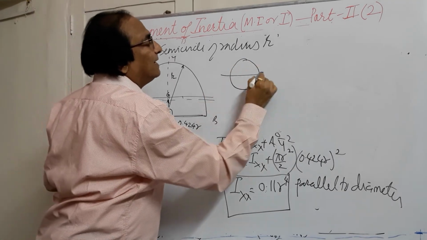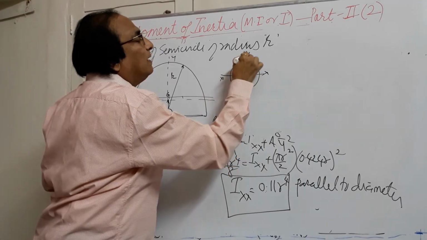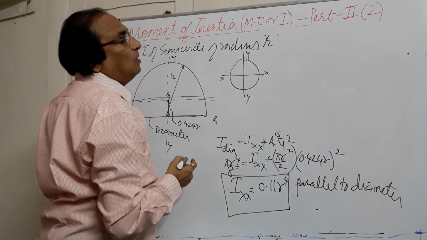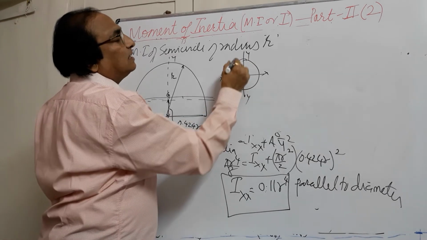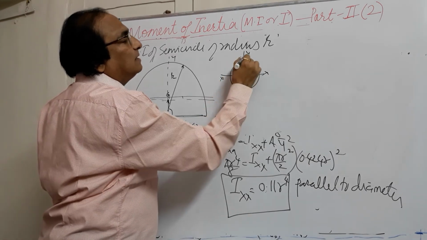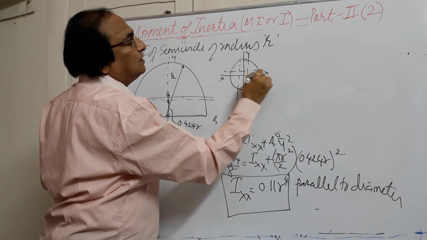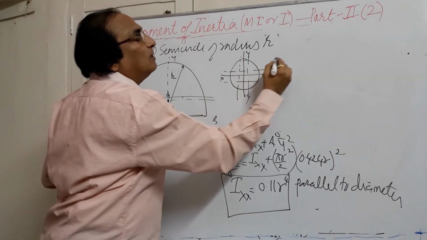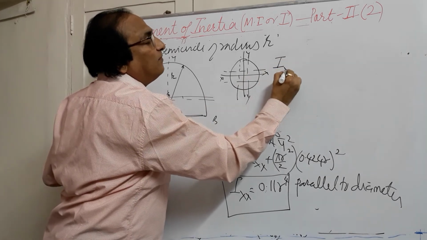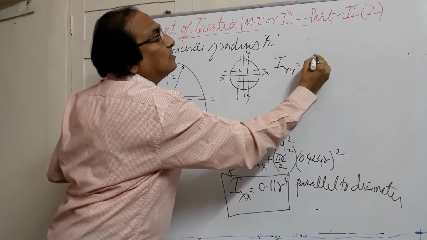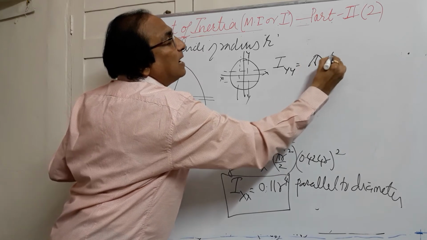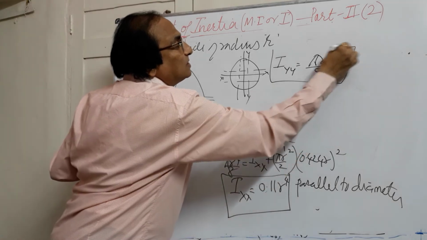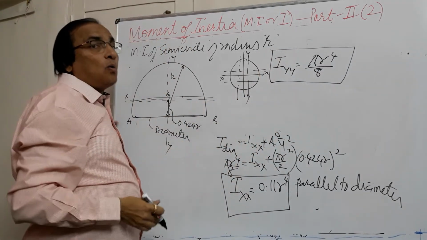This is the circle, x and this is y. All these distances are 0.424 r. If you get the moment of inertia, it is directly half of the circle, so it is pi r raised to 4 divided by 8. So this is the moment of inertia of a semicircle about the y-axis.